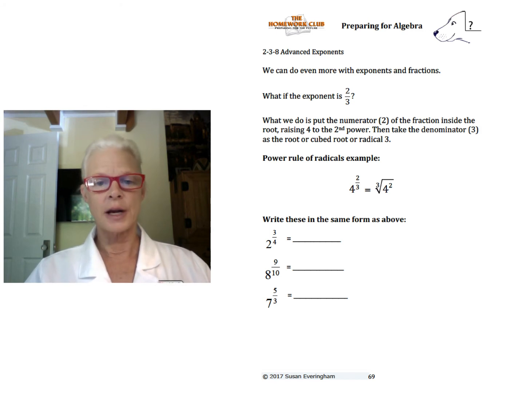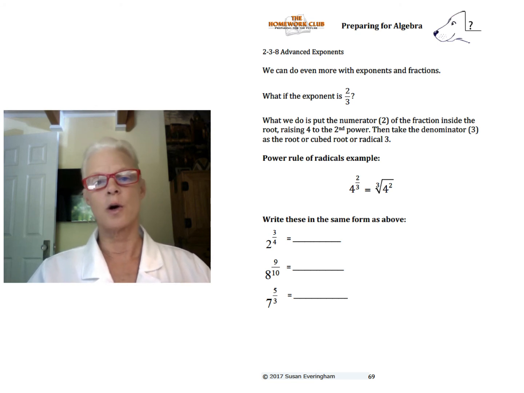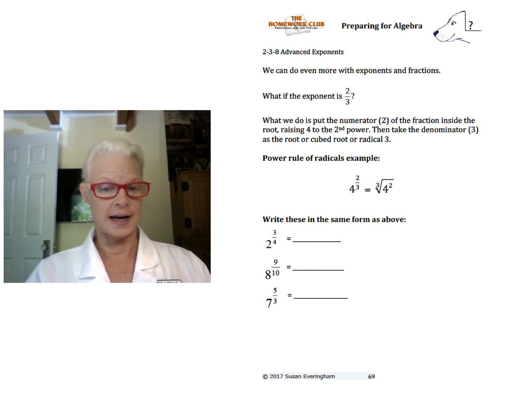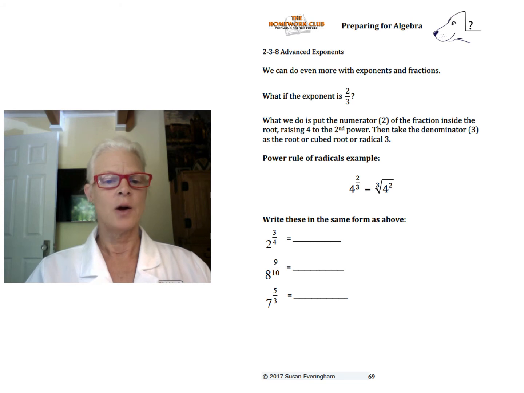And then the denominator 3 we use as its root, or cubed root in this case, or you could also call it radical 3. So it's cube root of 4 to the 2nd power, right? Write these in the same form as above. There's only 3 of them, so we'll move on.